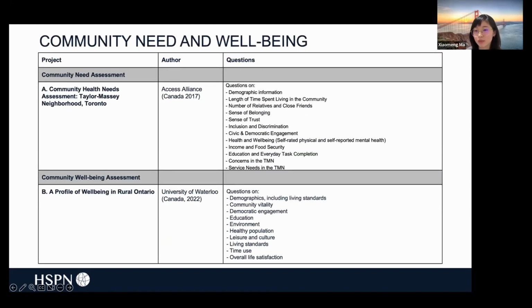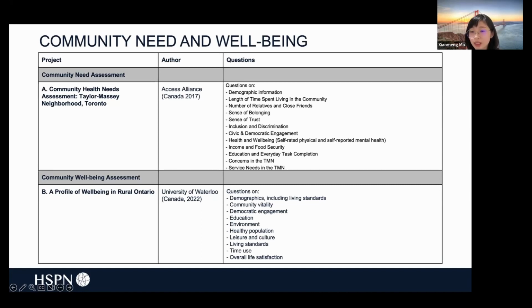Assessing community well-being and the need for healthcare involves evaluating the overall health and the quality of life of a specific community or population. The process helps to identify health-related challenges and determines the necessary health services and interventions required to address them.